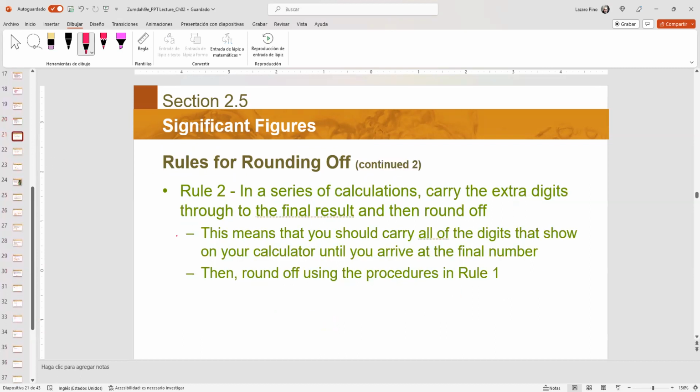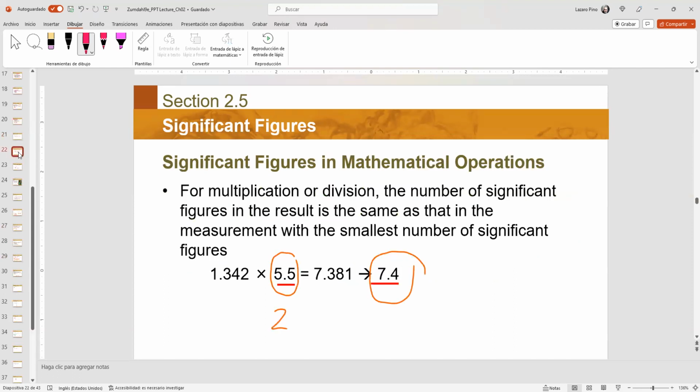Here, you have the rules for rounding off. You can stop the video and read it. I think that this is not new for you. For example, when you are multiplying or dividing, you say, well, this number has 4 significant figures, but this has only 2.